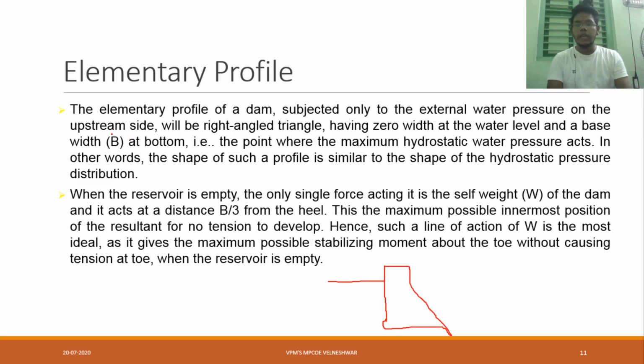If you see, I have given some notes here. The elementary profile of a dam subjected only to external water pressure on the upstream side will be a right angle triangle.